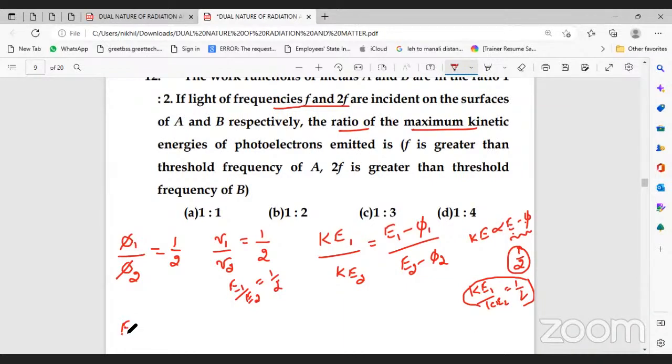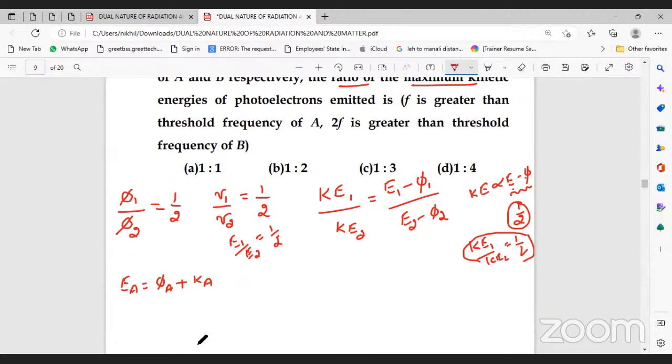You write it as energy for A equals work function of A plus kinetic energy of A. What is total energy of A? For A, the frequency is h nu 1. Work function you can keep as it is for A, plus KA.